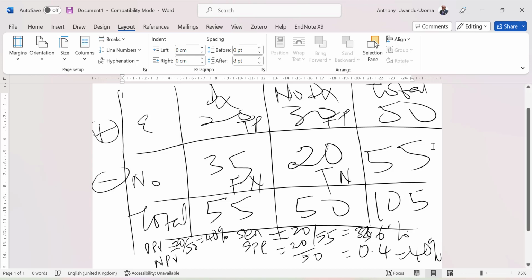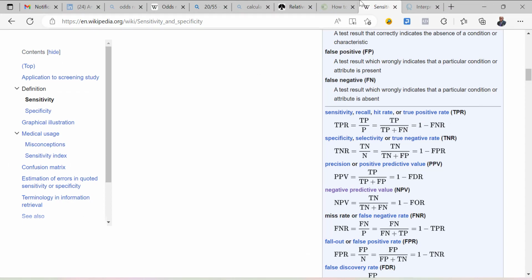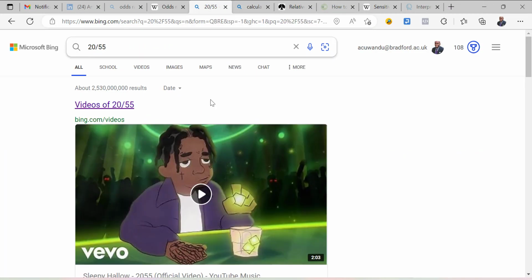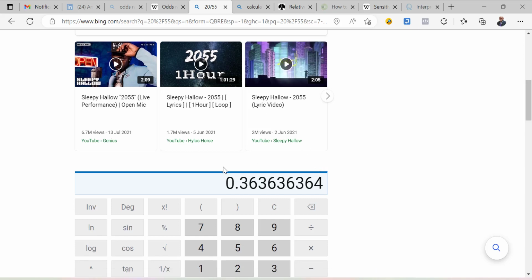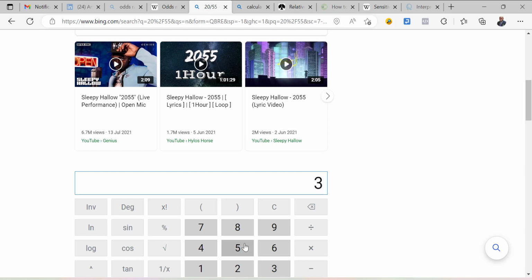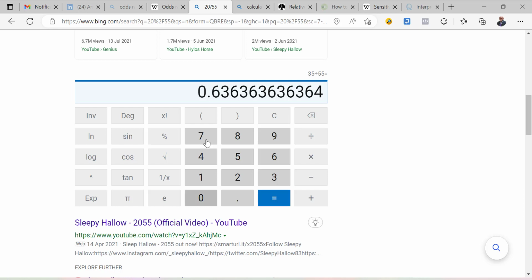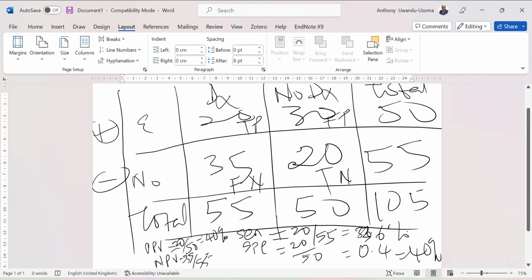While for our negative predictive value, we go horizontally again. That will be 35 divided by 55, which gives us 63.6%. See that? That is how to calculate your negative predictive value.